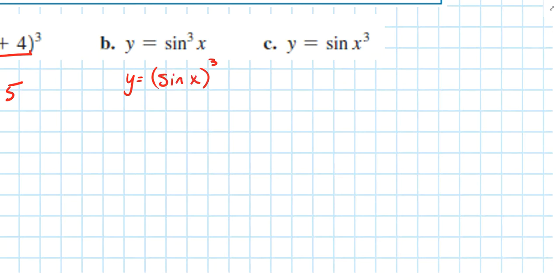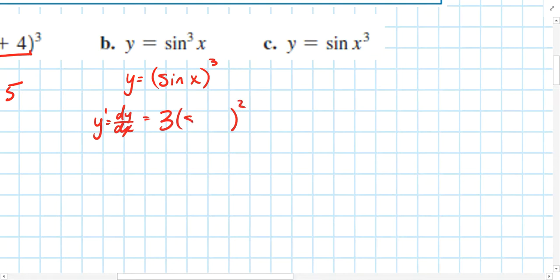In using the chain rule for derivatives, we would say that y prime or dy dx, either one of those notations is fine, is the derivative of the outer function, 3 times something squared, with respect to the inner function, keeping that inner function alone, times the derivative of the inner function.